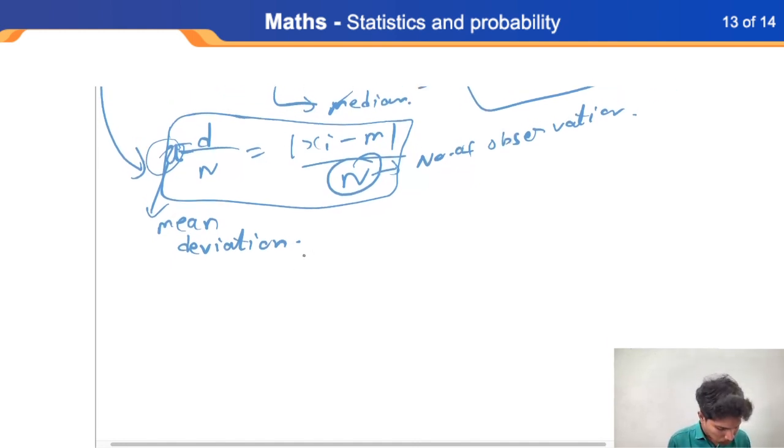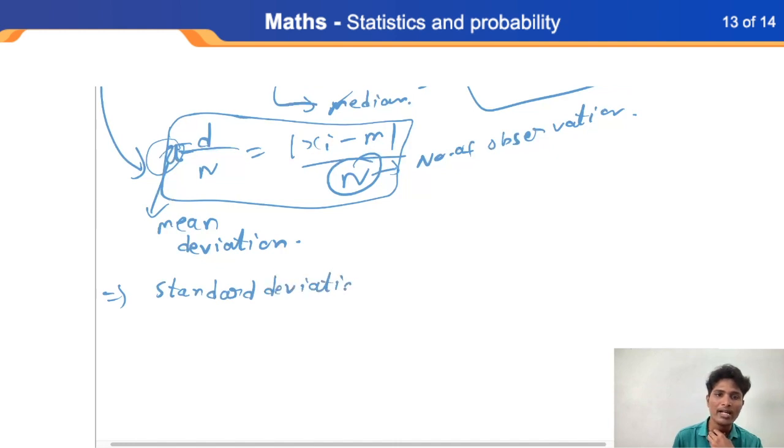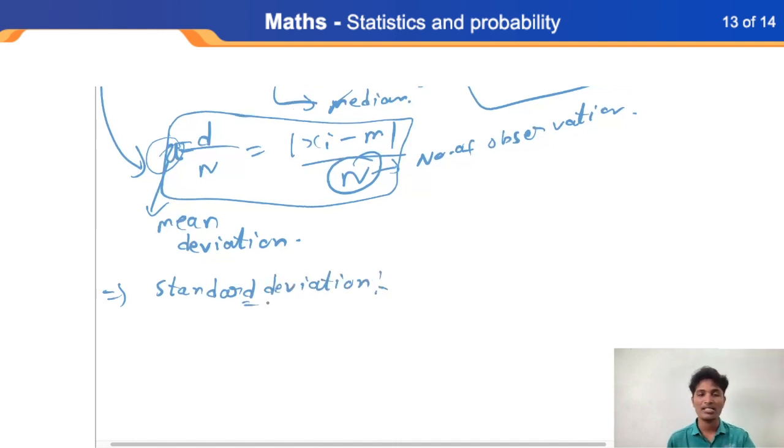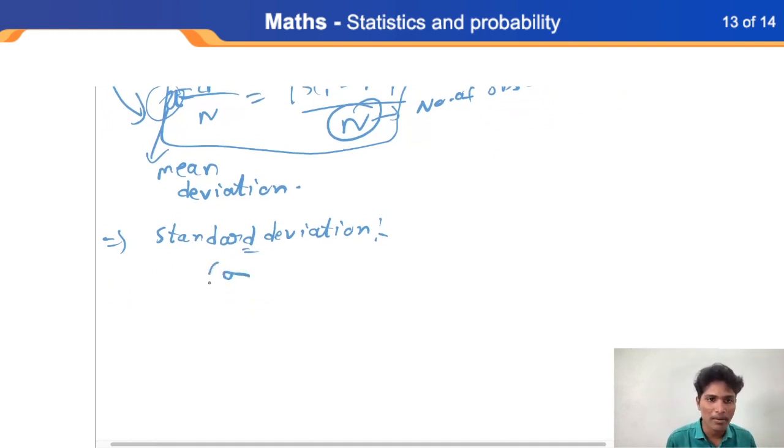Now, after deviation and mean deviation, there is a term called standard deviation. What is standard deviation? Standard deviation is denoted by sigma. Very important.